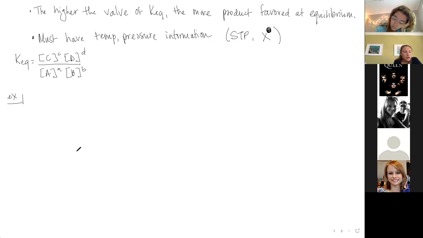So we have sulfur dioxide as a gas that's reacting with oxygen as a gas and forming sulfur trioxide as a gas.